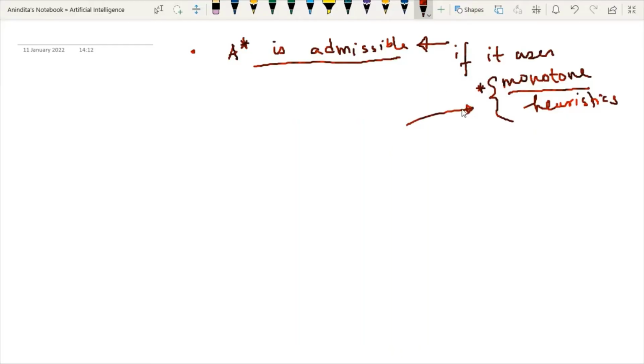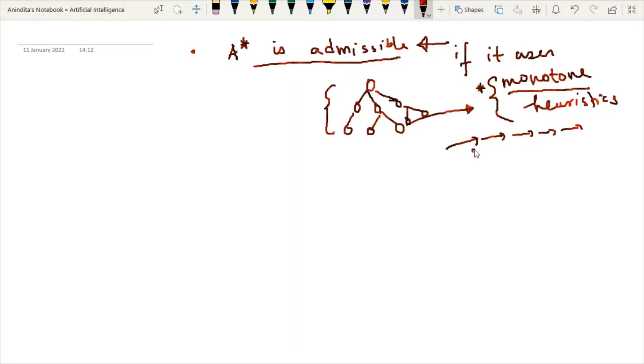A monotone heuristic is one where the cost we are estimating through the path of this graph never decreases. Monotonic nature means whatever value we are getting, eventually that value will increase. It will never decrease.